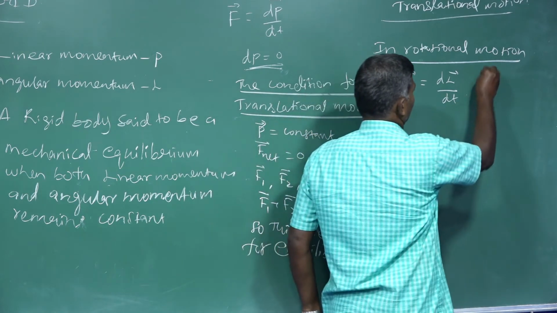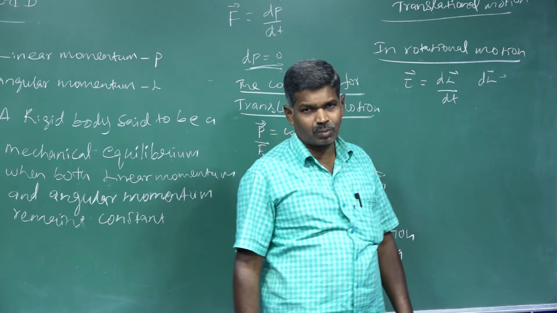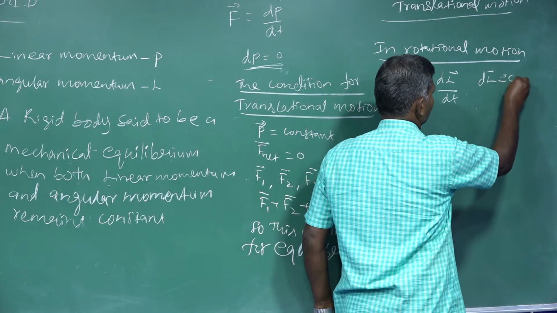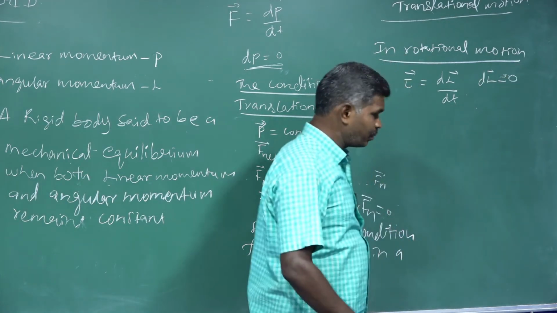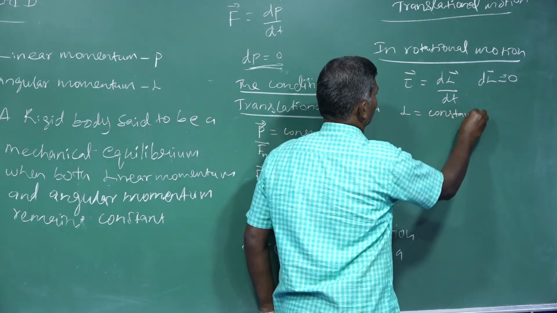That is, dL vector is nothing but the change in angular momentum. If the change in angular momentum is 0, we can say L remains constant.